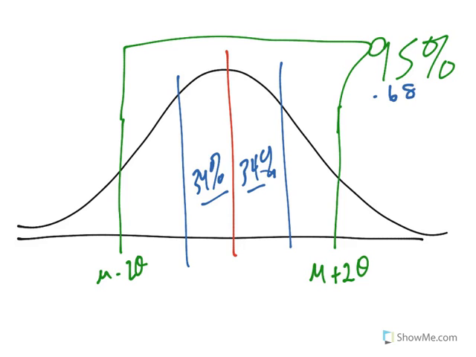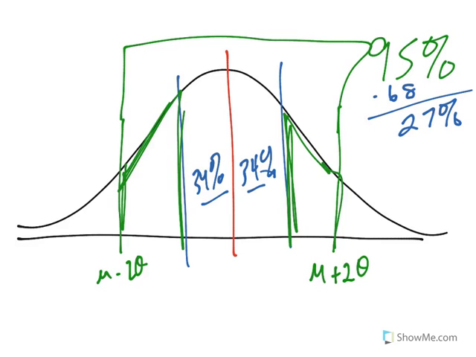So if I subtract the 68% that's in blue, I've got 27% left. And that 27% needs to fit in my green area because that's the 2 standard deviations. So again, I divide it by 2, and that's how I get 13.5%. All right, if you remember back from the really nice drawing that they have, now I've got that middle piece all connected.